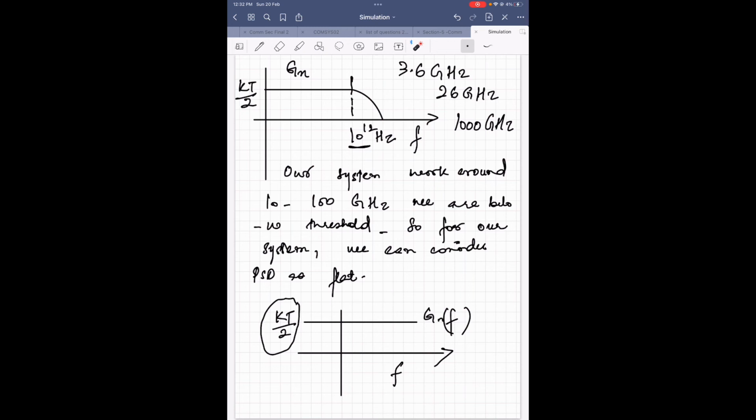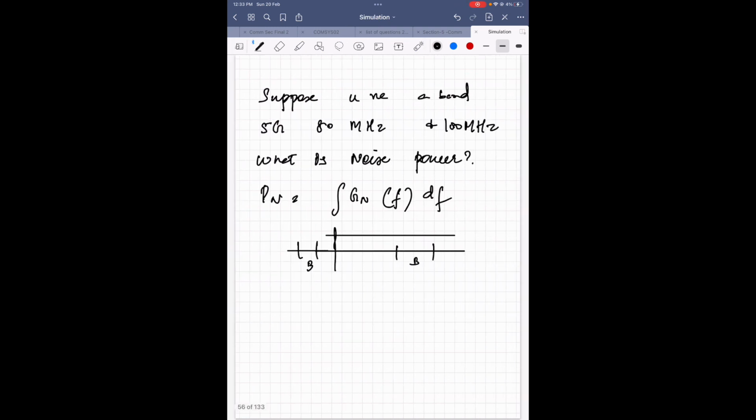Now, how can we estimate the power of noise within our band, within our frequency range? As we saw earlier, SNR was required to be 30 or 10230 for 4 QAM and 10 QAM constellation respectively. In order to see whether this is practically achievable, we need to calculate the noise power.